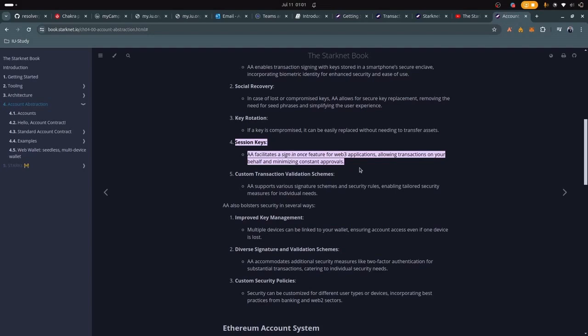Instead of paying the gas fee for each transaction separately, you bundle them as one transaction and pay the gas fee once.